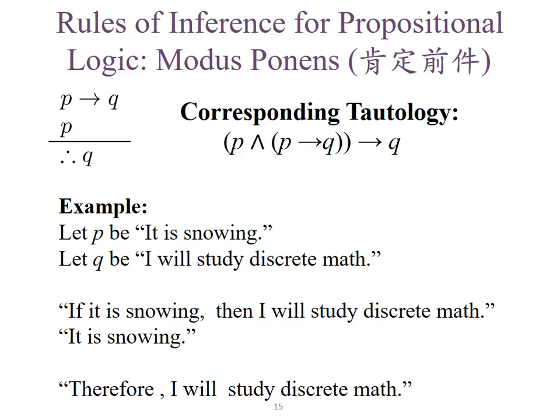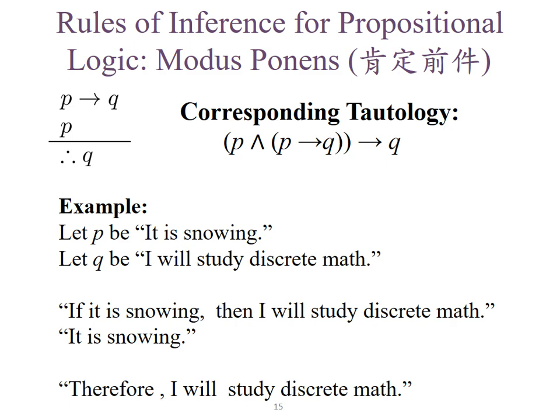Okay, the first one is modus ponens. Let's see, this is very intuitive and very easy. If the first premise is if P then Q is true, and we have the second premise, P is true, then we can draw the conclusion that Q must be true.